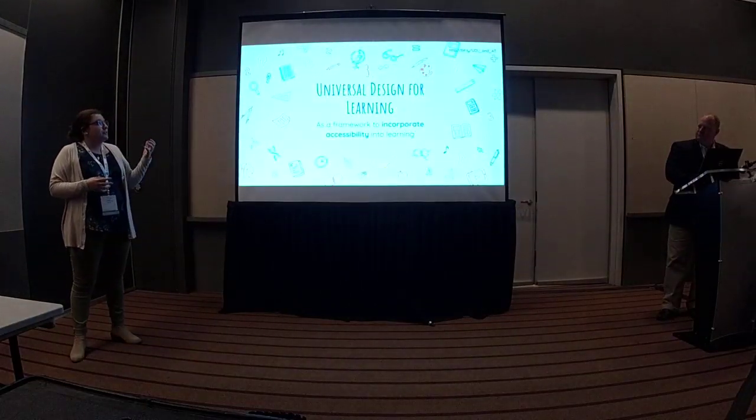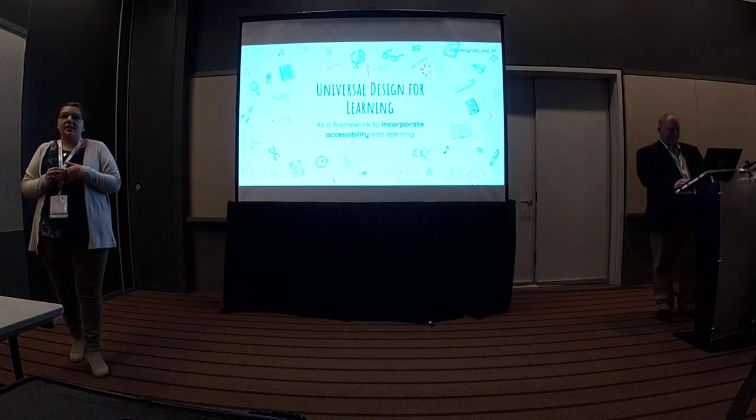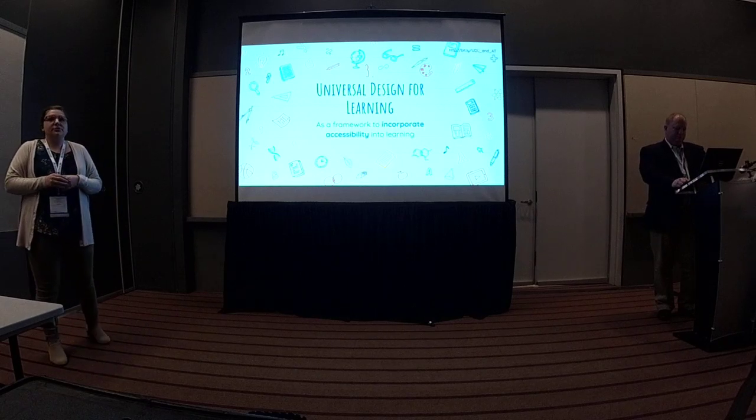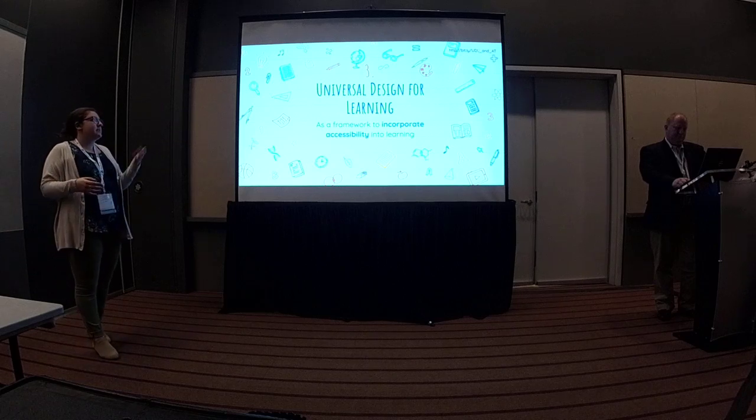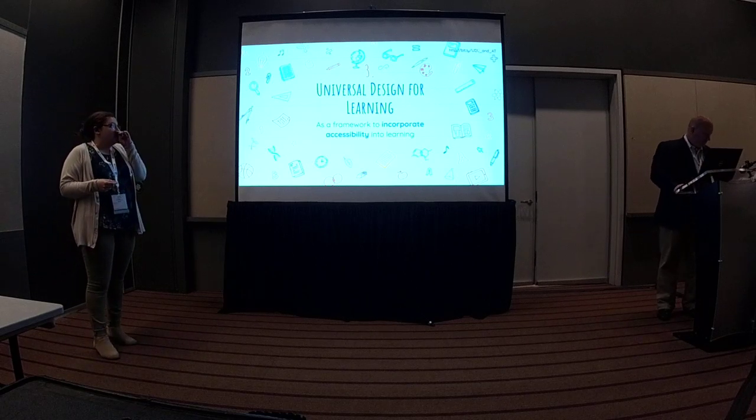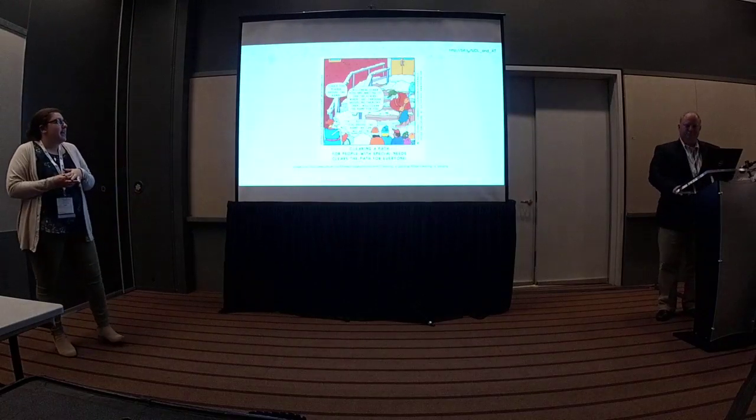And this is kind of where universal design for learning comes in. Universal design for learning isn't focused specifically on accessibility, but it goes hand in hand, and I'll explain why or how in a second.